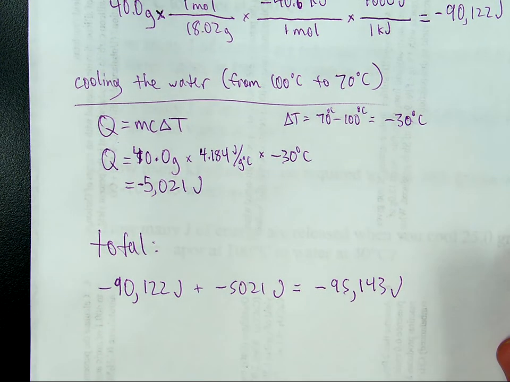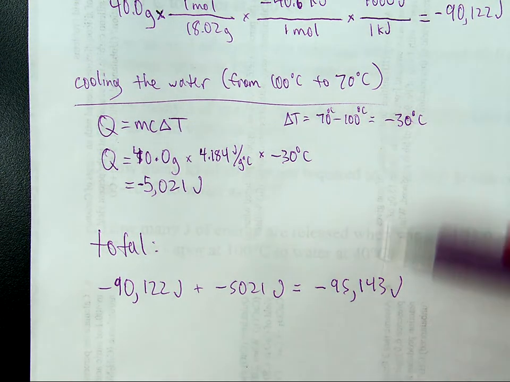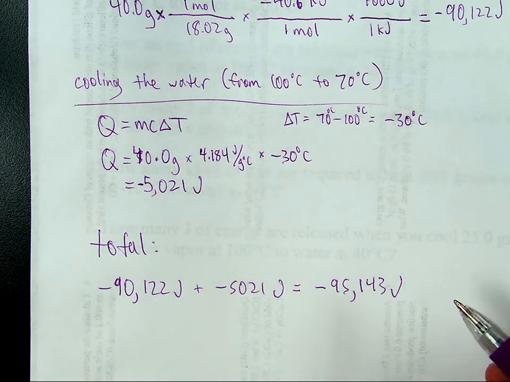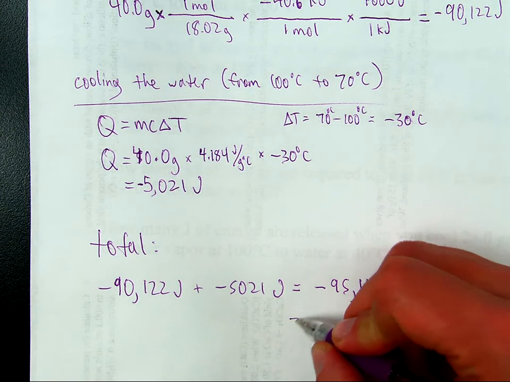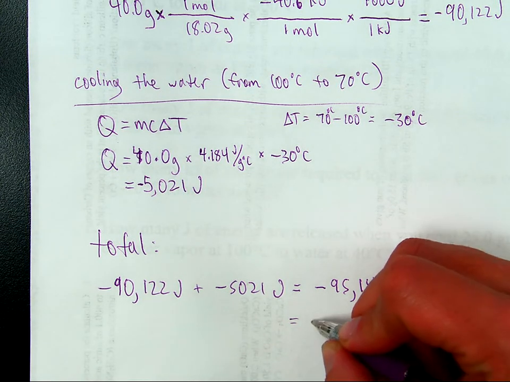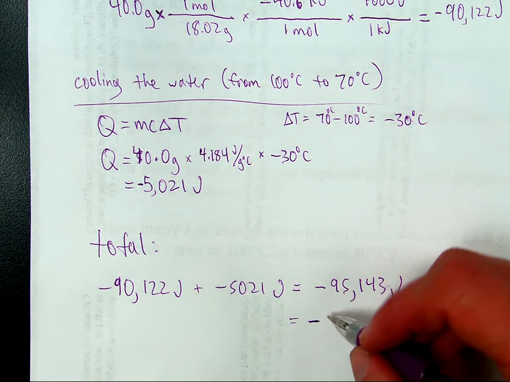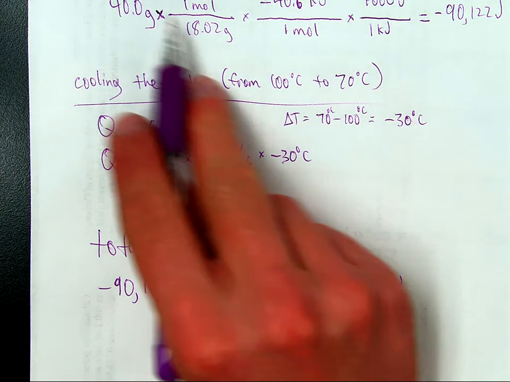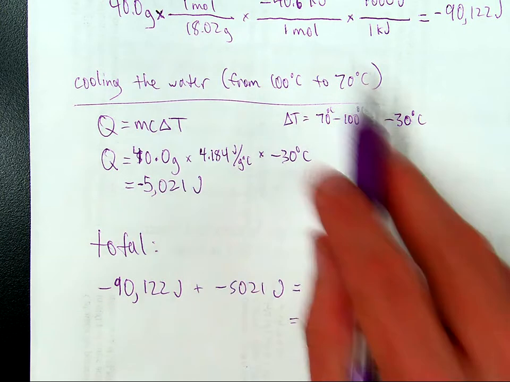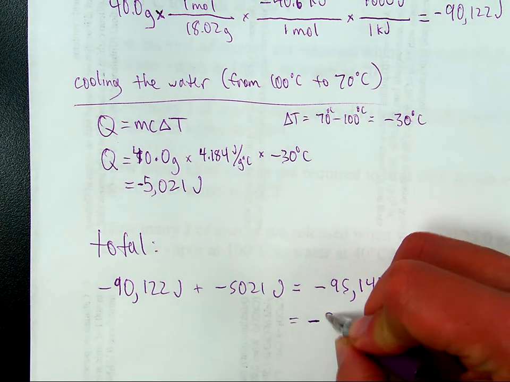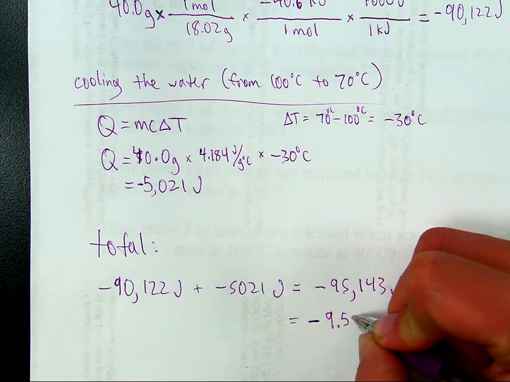Now, that's a really big number, and that's too big to write just like that, so we need to write this in scientific notation, and we need to round for significant figures anyway. So, I'm going to convert this to scientific notation with the correct significant figures. So don't forget the negative sign. And I see 3 sig figs, and since everything else doesn't have less than 3 significant figures, do 3 significant figures. 9.51.